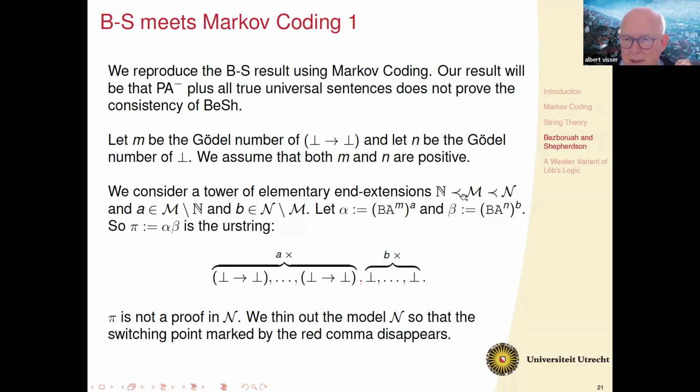We start with n, take an elementary end extension m, and take an elementary end extension n. Of course, this is all far too heavy, but it's pleasant. Sorry, I forgot to say something: these are supposed to be models of true arithmetic, full true arithmetic.